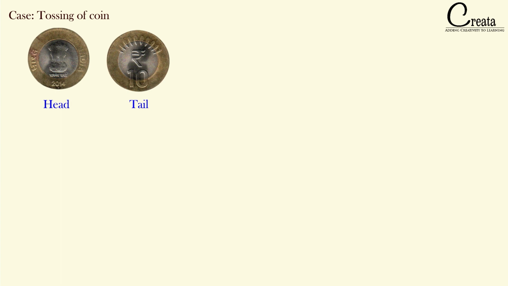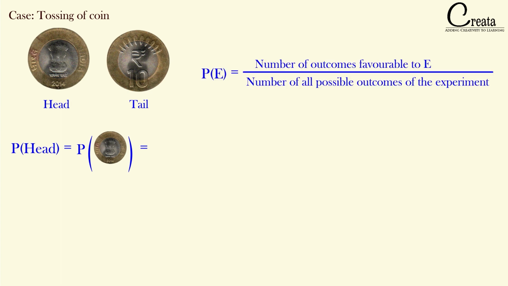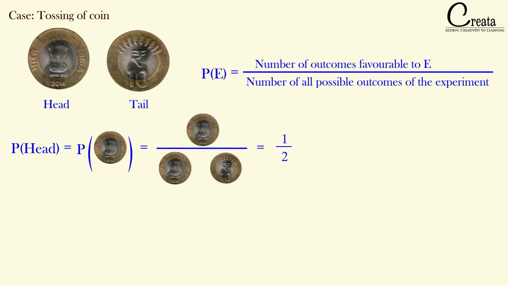If we have to calculate the probability of getting the head, then head will be the event E, that is, we write P(head). Using the formula, in the denominator the total outcomes of the experiment will come, that is 2, head and tail. The favorable case out of these 2 is only 1, that is head.